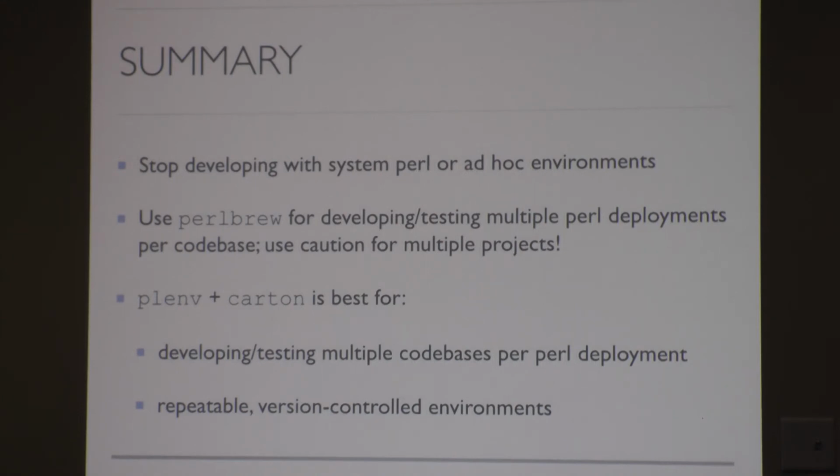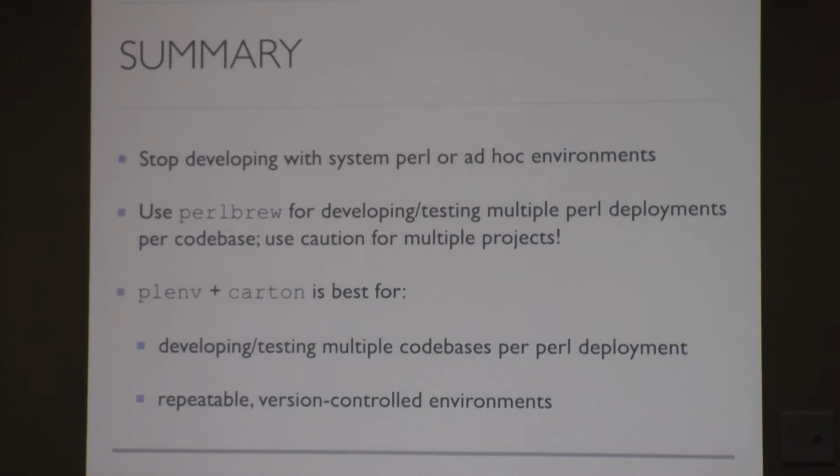Okay, I like plenv and Carton for situations where you're using lots of projects and you don't have to switch Perls often. It's not a pain to switch Perls, you just have to run your carton install again. You saw how quick that was. If you've got a lot of dependencies, it's going to take a little bit longer. It's not going to be as quick or brisk as a perlbrew switch, but it's not horrible.